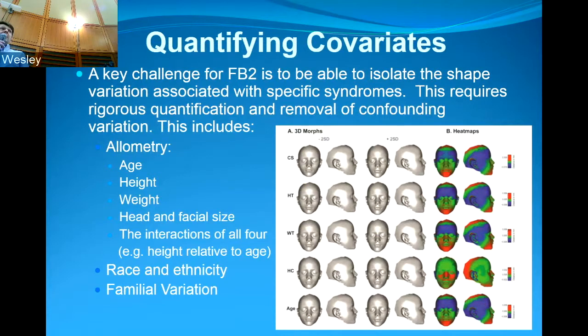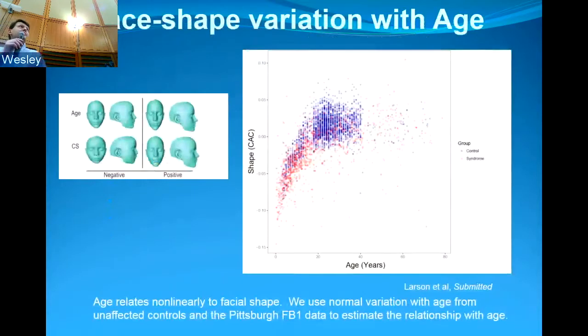So it turns out that this is actually quite complicated. We've recently submitted a paper that's now in review, in collaboration with Seth Weinberg's group, so for example, a spoke-to-spoke collaboration, in which we've analyzed a variety of these covariates and their interactions in determining facial shape, and that's really key to being able to use them for syndrome diagnosis.